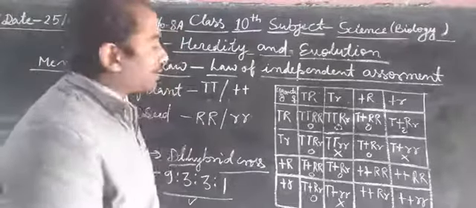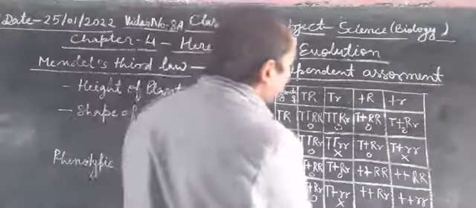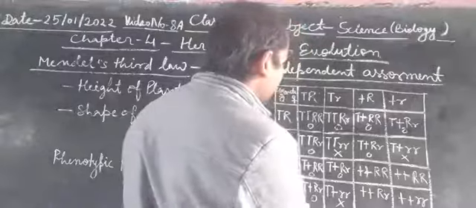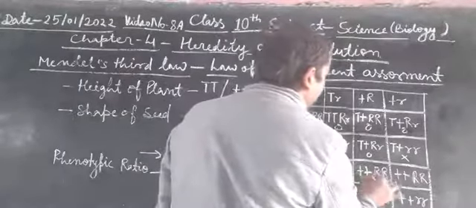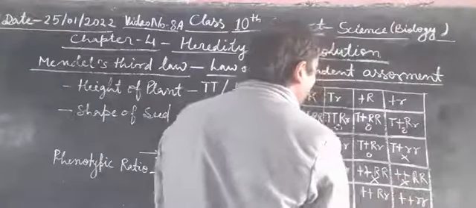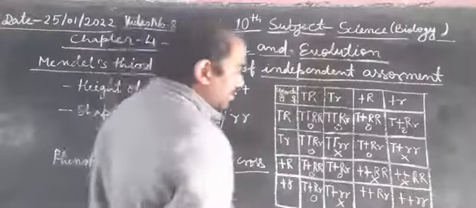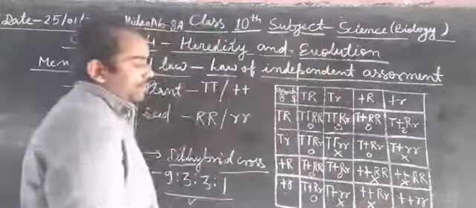Small t, capital R, small r. Okay, now small t, capital R, capital R. Small t, capital R, capital R. Small t, capital R, small r.